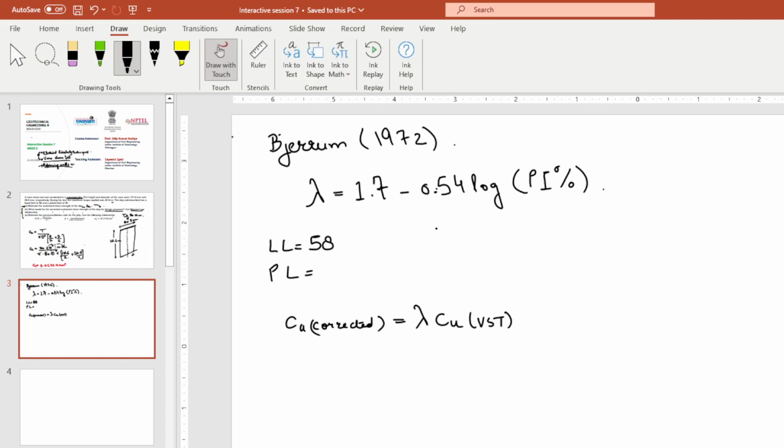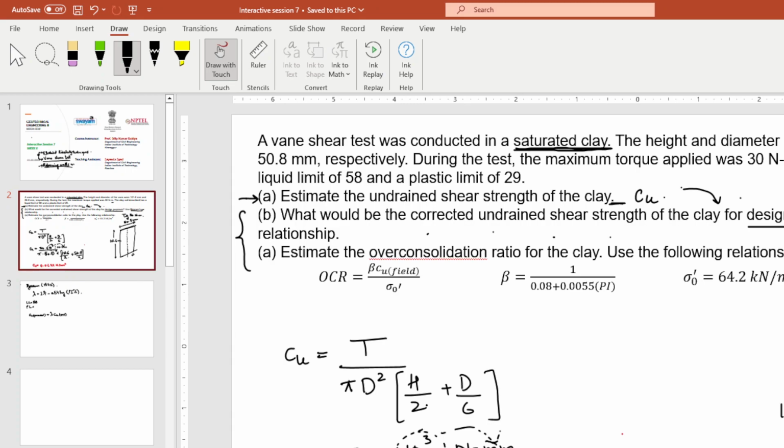If you convert this into kilonewton per meter square, how much will you get? Convert the Cu to kilonewton per meter square.